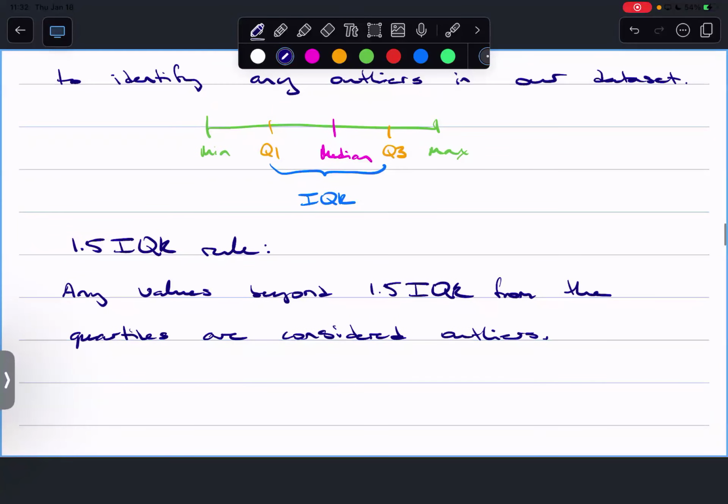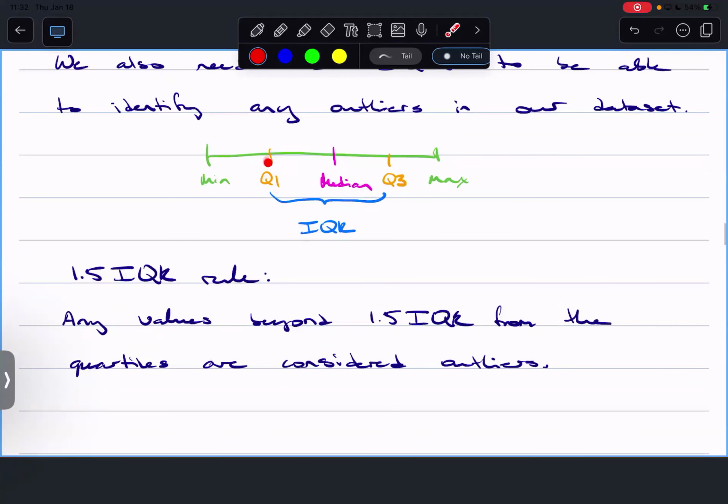Okay? And so notice how I said beyond 1.5 times the interquartile range from the quartiles. So from Q1, where would our outliers be? Well, it would be on the lower end. So we're going to find a lower bound by taking Q1 minus 1.5 times the interquartile range.